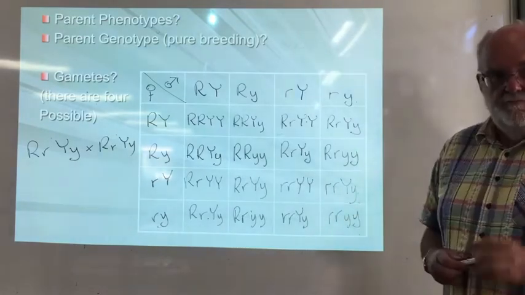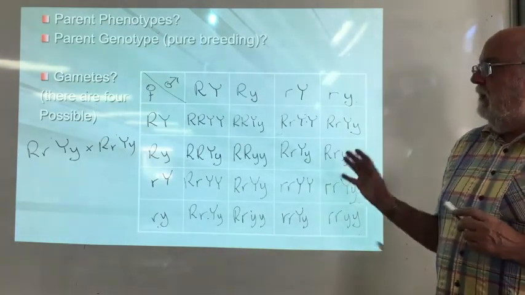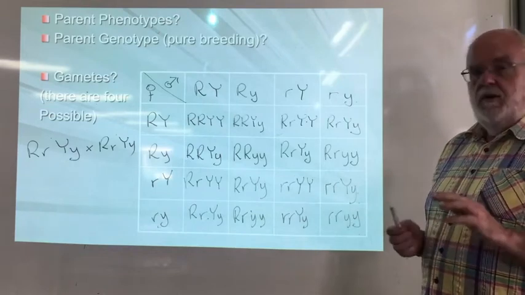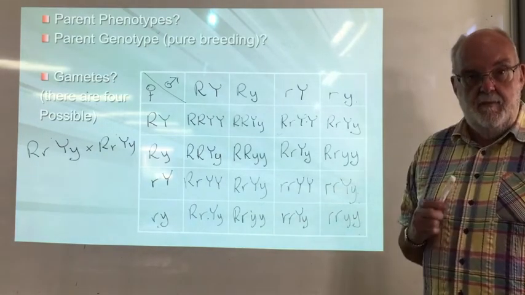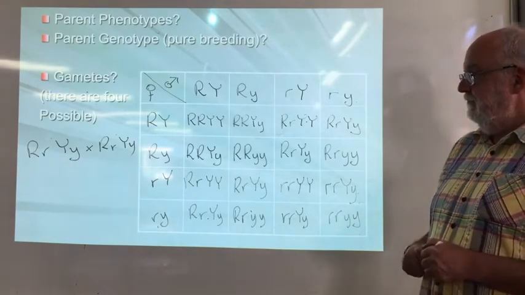Okay, we now come to the final ratio of this particular cross. We've not got just two possibilities like we have with the monohybrid, we've got four possible phenotypes.